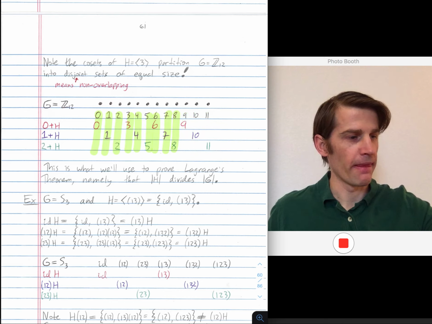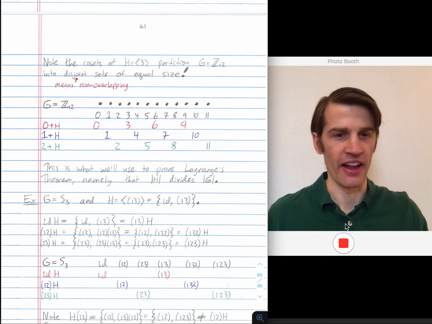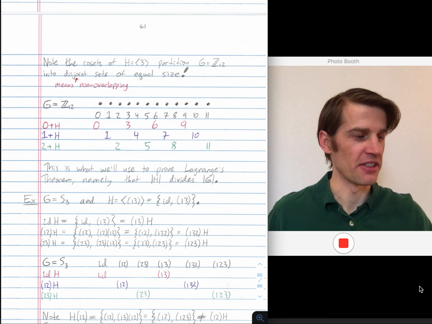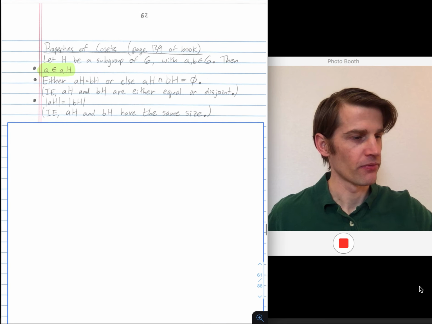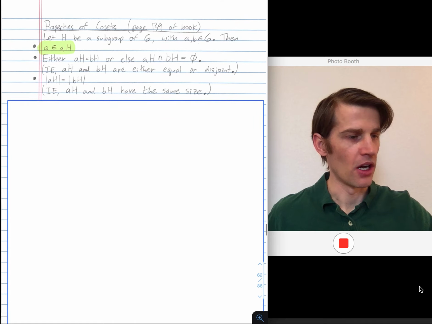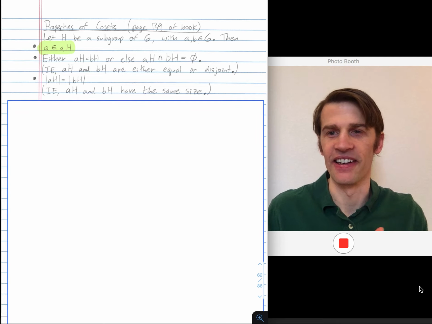Let's talk about some of the properties of cosets a little bit more rigorously. Afterwards, we'll use those properties to prove Lagrange's theorem. The first property that I want to prove about cosets is this first bullet, highlighted in green.